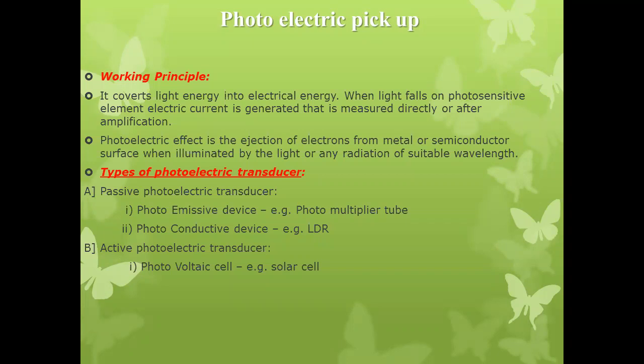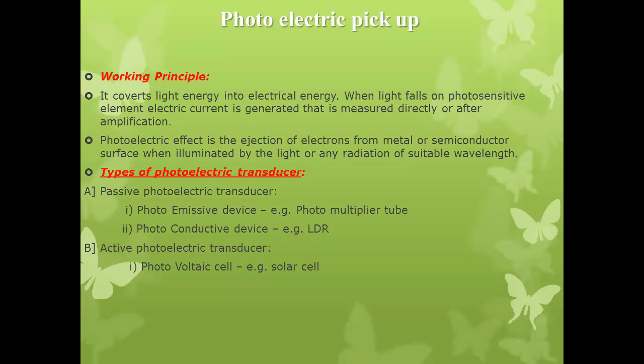Next, the active photoelectric transducer, for example the PV cell, or solar cell or photovoltaic cell. Passive and active photoelectric transducers work on the principle of photoelectric pickup.